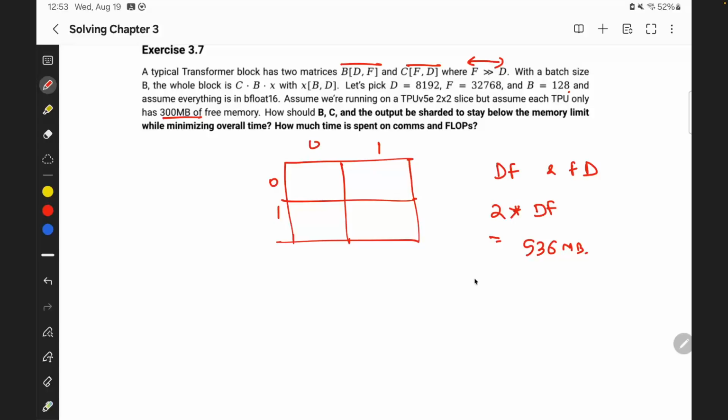We have a constraint of 300 megabytes of free memory on each device. So clearly we cannot keep these two weights on all our devices, so we need to shard them.